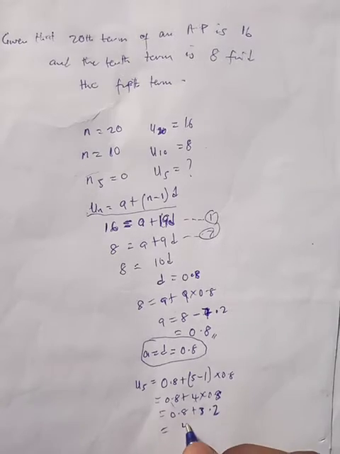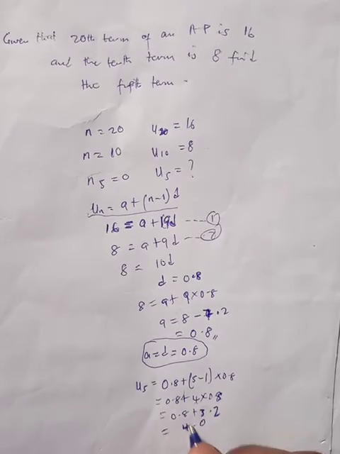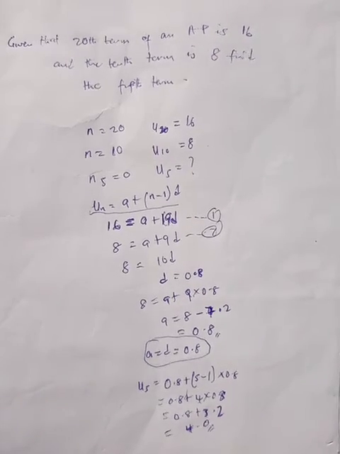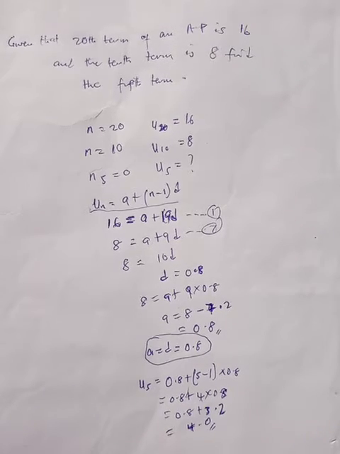Then we'll have 4.0 as the answer. So u5 is 4.0, and that is our final answer.